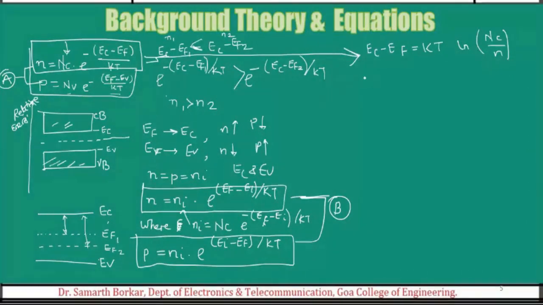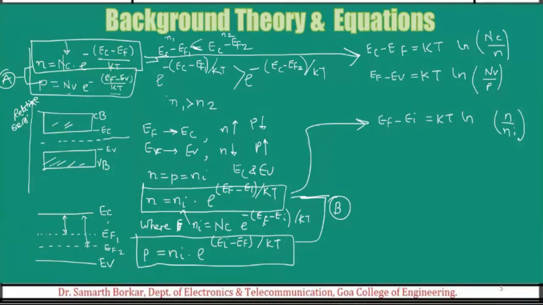And here p can be written as EF minus EV equals KT natural log Nv by p. And this expression can be written as EF minus Ei equals KT natural log n by ni, and here this again can be written as Ei minus EF equals KT ln p by ni.